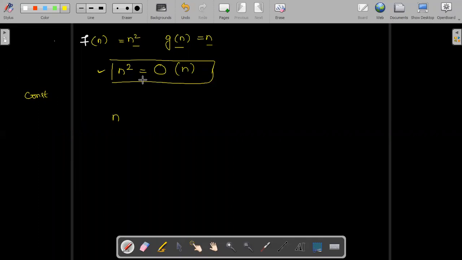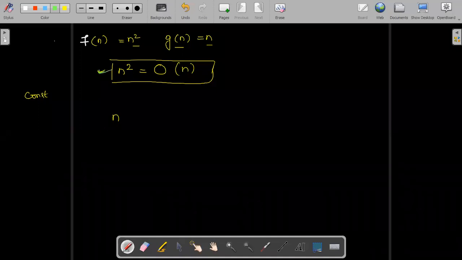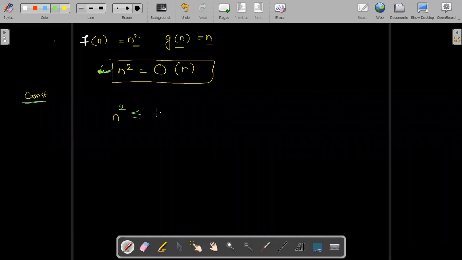See, if you want to prove this one, please understand here, everyone. I wanted to prove this, so I need a constant. That's the reason I told you already: n square is less than or equal to c dot n, for all n values where n should be greater than or equal to the constant n naught.